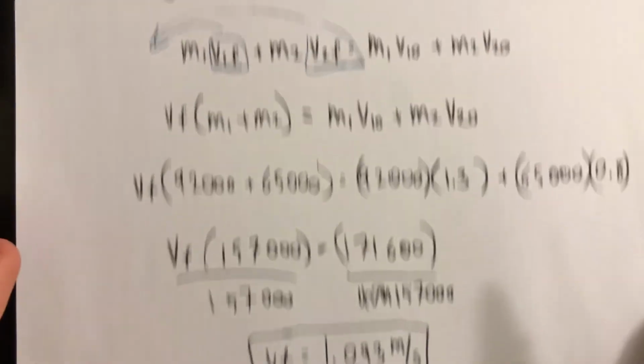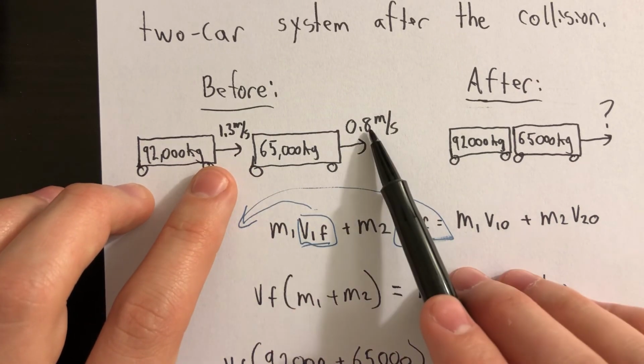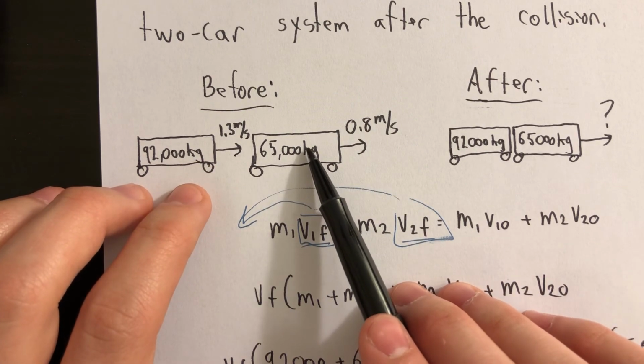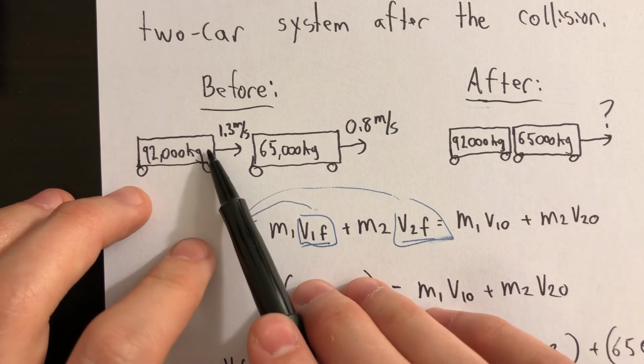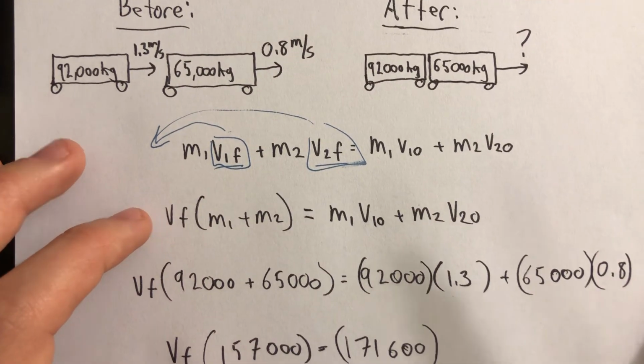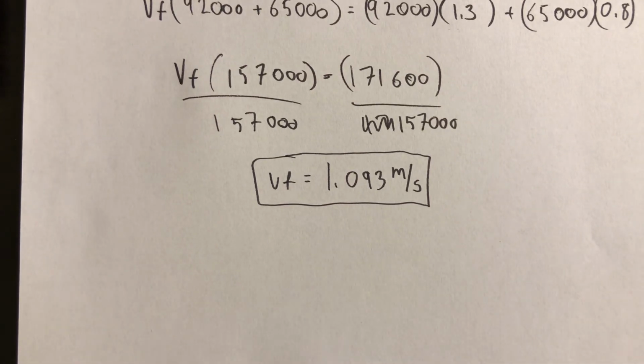So there it is. If we have a cart that's 1.3 meters per second, we have a cart that's 0.8. Basically, this one's going to slow down a little bit, and this one's going to speed up a little bit. And so they'll have a velocity that's in between. So that's our final velocity.